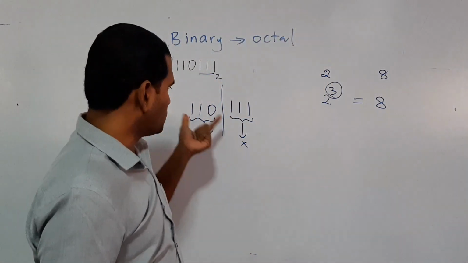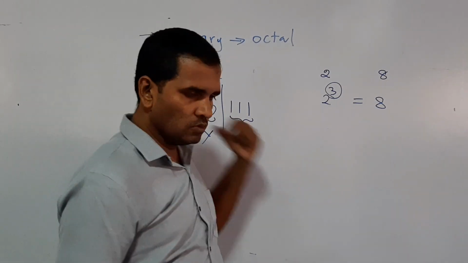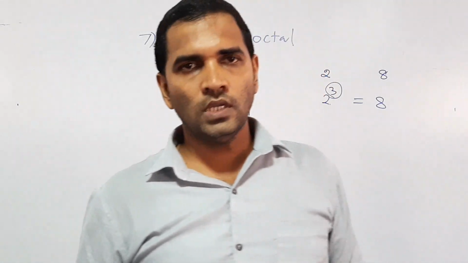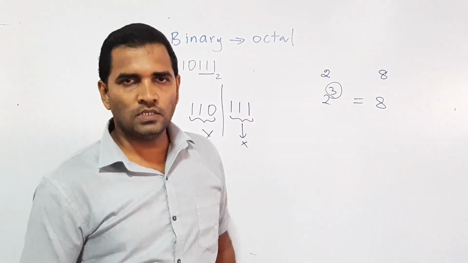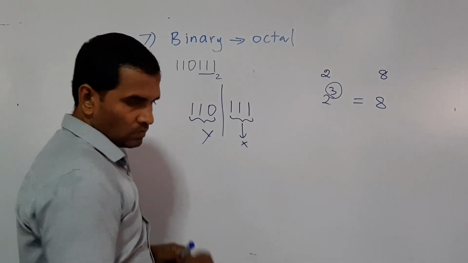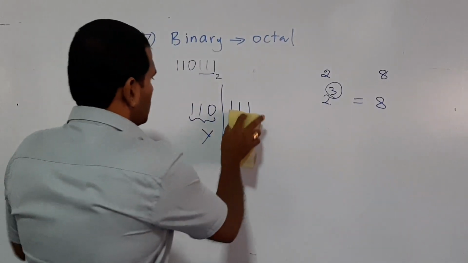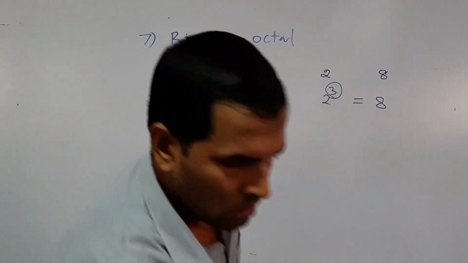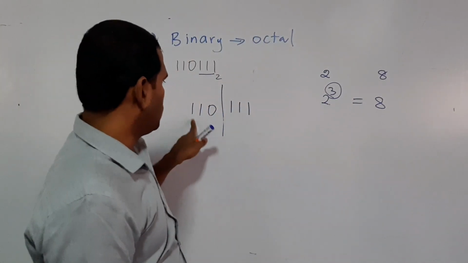So this is the first method to be done. You have to make groups of 3 bits starting from the right side. So I have 111 and 110.